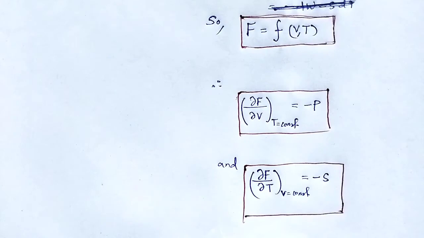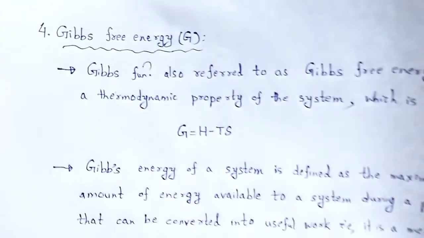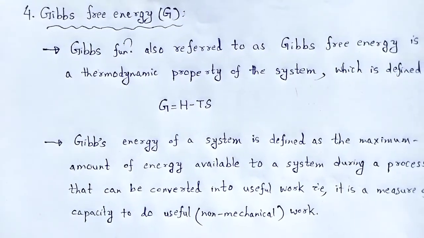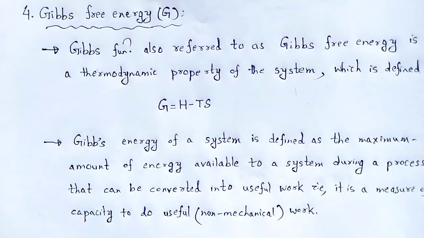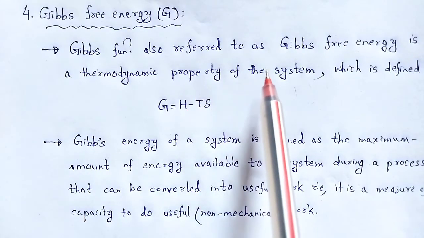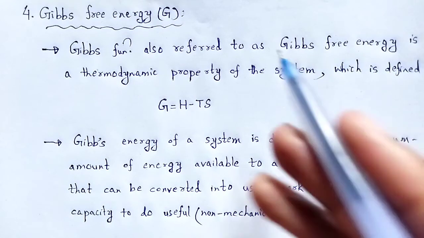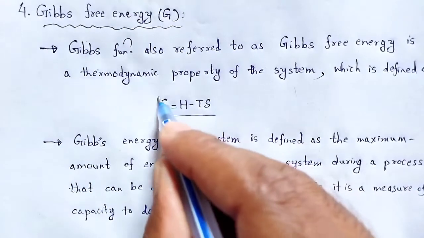Next, another thermodynamic potential, which is known as Gibbs free energy, denoted by capital letter G. The Gibbs function, also referred to as the Gibbs free energy, is a thermodynamic property of the system and is defined as G is equal to H minus TS.